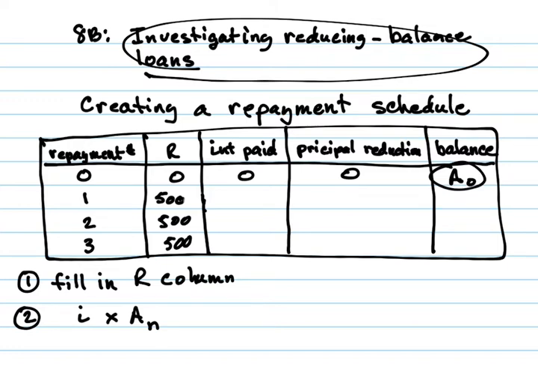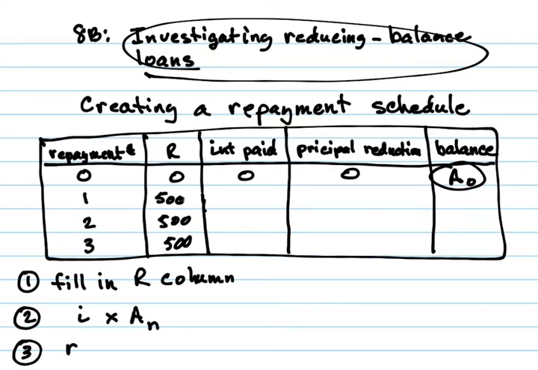Next, the next thing we want to do is find the principal reduction, okay? And we've done that before. It's part of that interest formula that we did before, right?